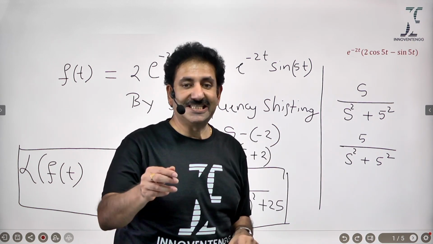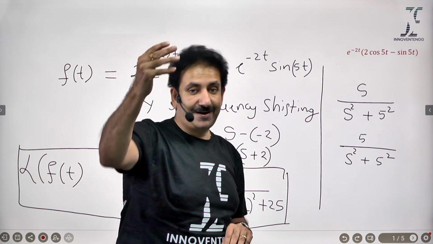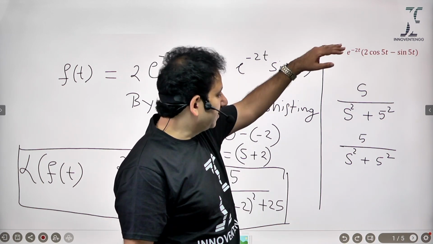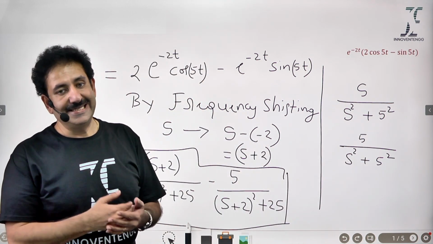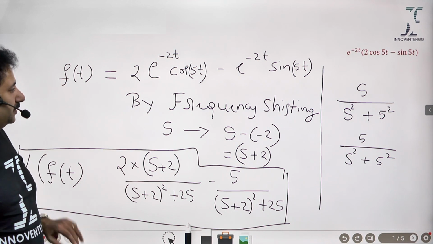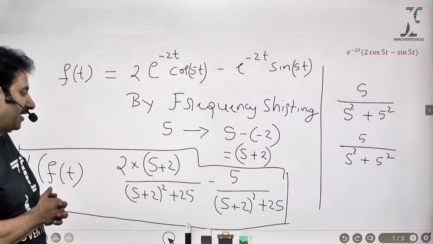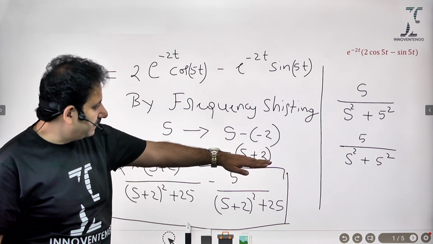But here the initial displacement was 0, so s did not survive, only the initial velocity was there, so you get a constant. So if you correlate everything to physics, remembering becomes very easy. This was a very typical question. No mathematical juggleries required here. Very straightforward. All that I did is frequency shifting.